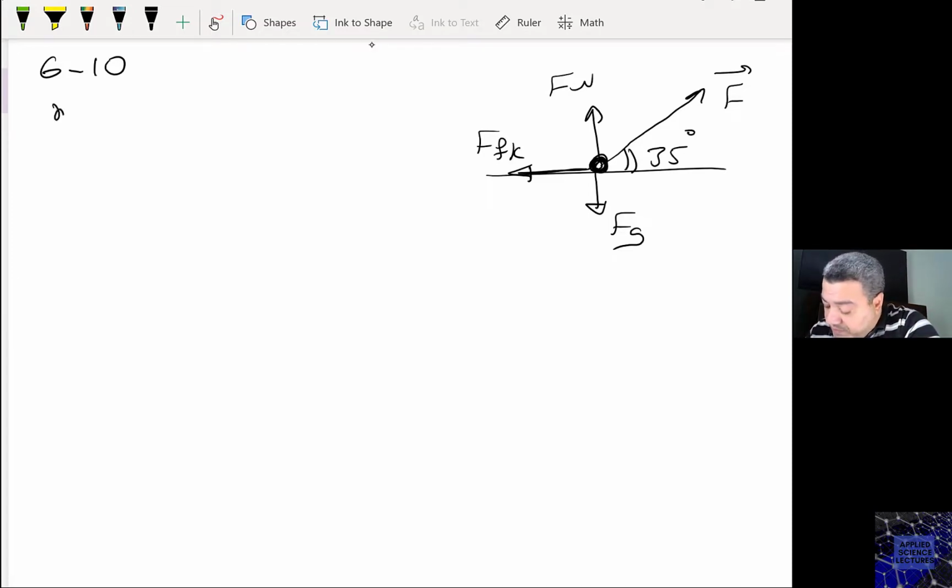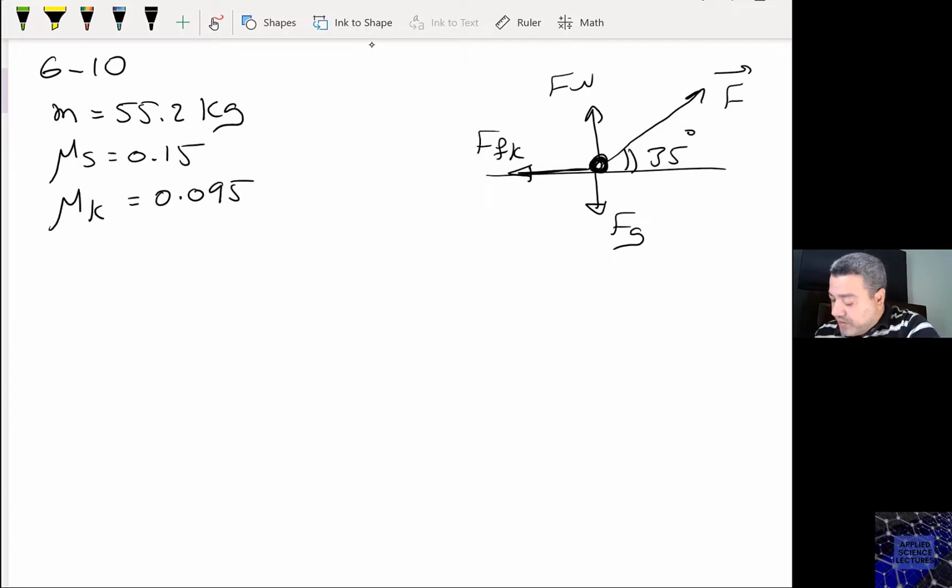So I have mass here as 55.2 kilograms. I have mu s as 0.15, mu k as 0.095.